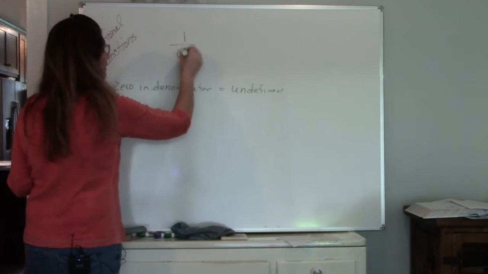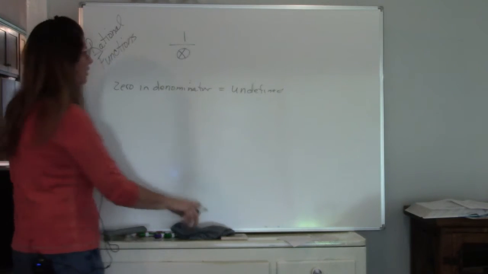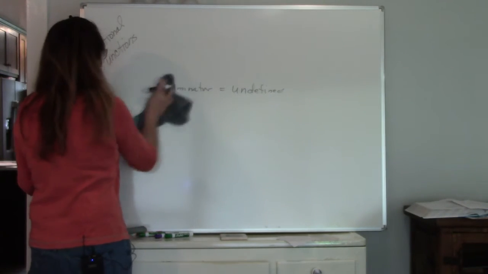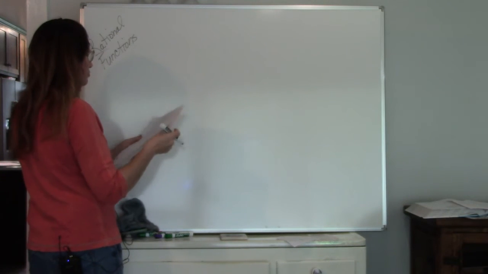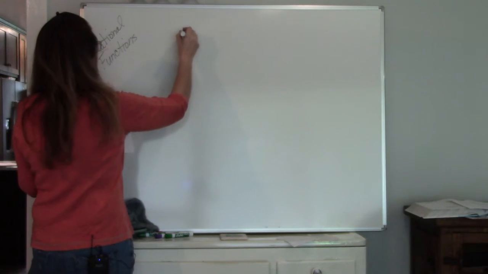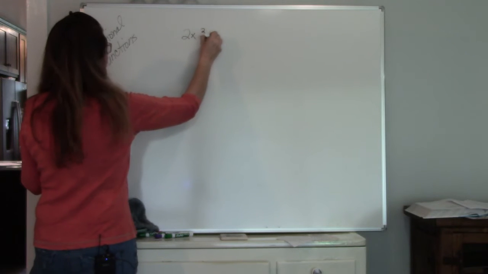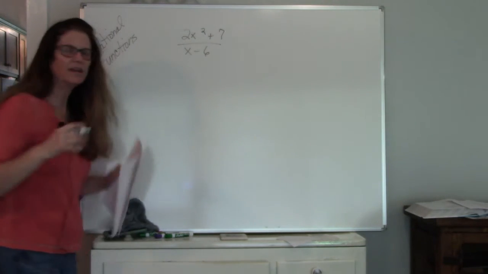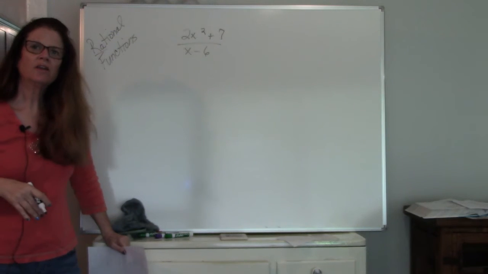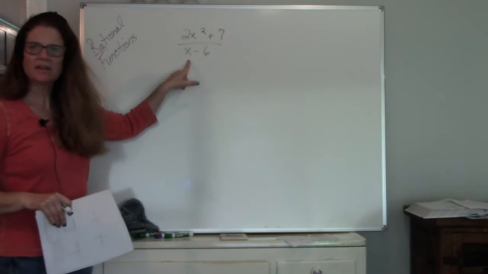We cannot have 0 in the bottom. Doesn't work. So with any rational, which just means any fraction, you want to identify the one number that is restricted in the domain. In other words, what's the one number that x can't be?